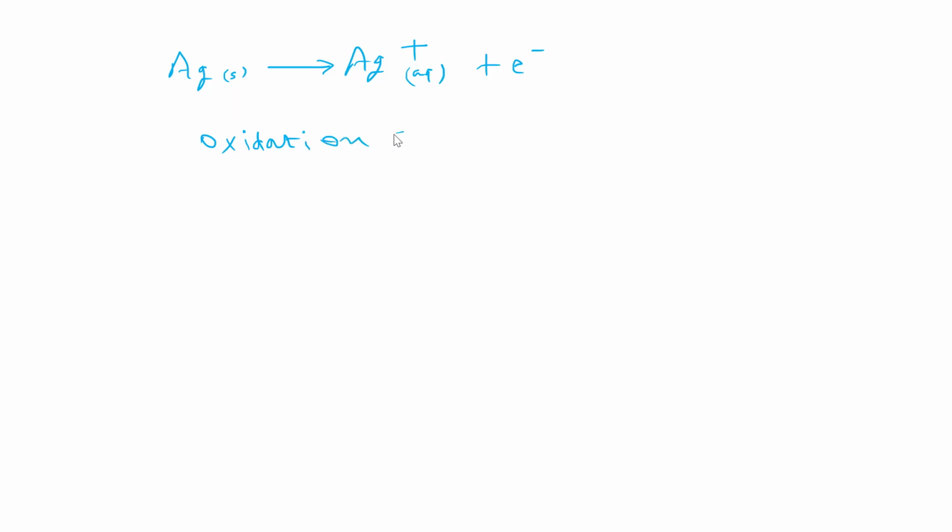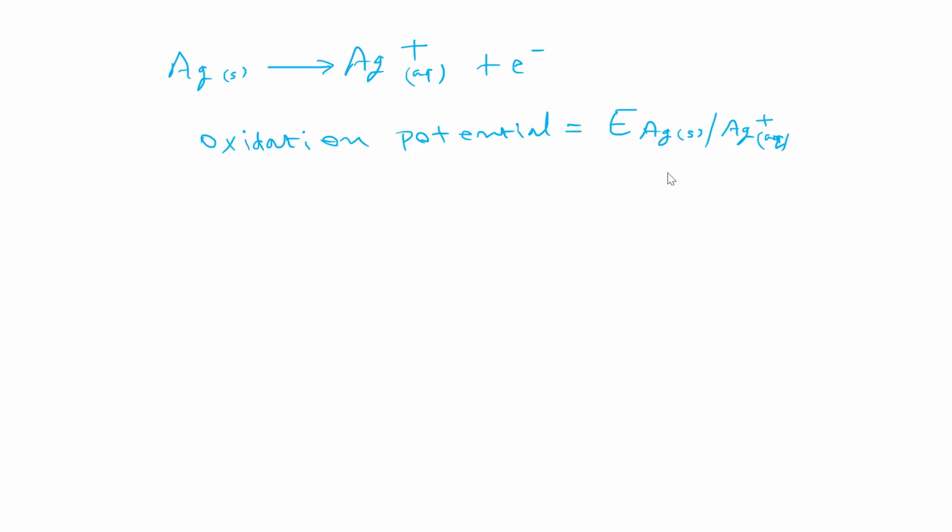The oxidation potential of this reaction we mention by the symbol E, Ag solid oblique Ag plus aqueous. This is the symbol we use to mention oxidation potential.